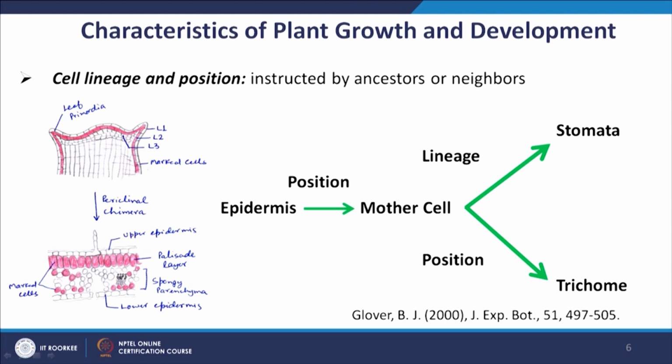What has been seen is that from epidermis to mother cell formation, it is mostly contact dependent, position dependent, but the mother cell which is responsible for the stomata is lineage dependent. Once the cell fate is determined, it will follow the lineage and make the stomata, whereas the trichome development is basically adopting a position dependent mechanism.